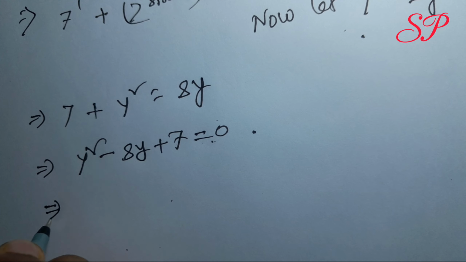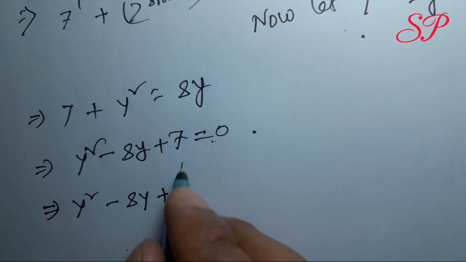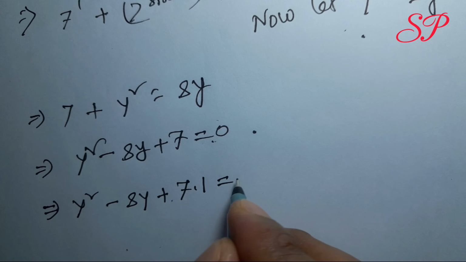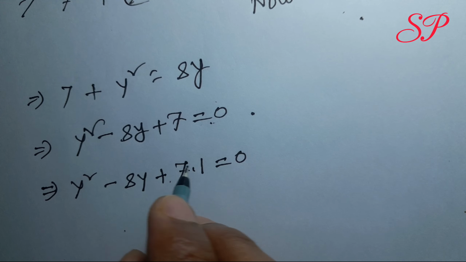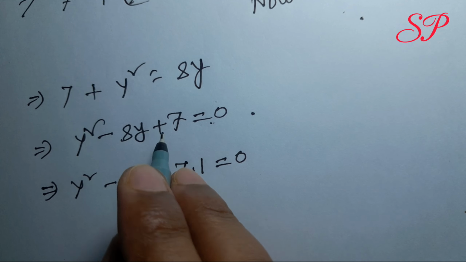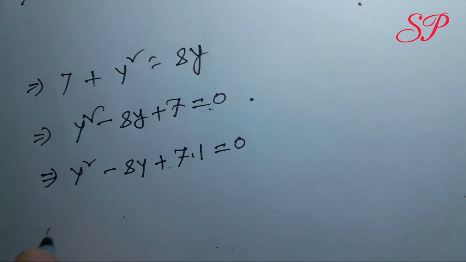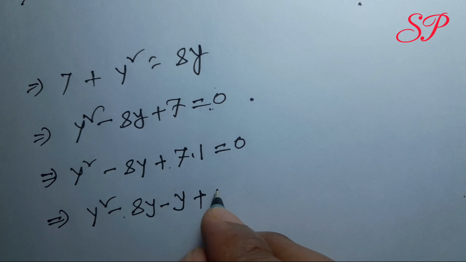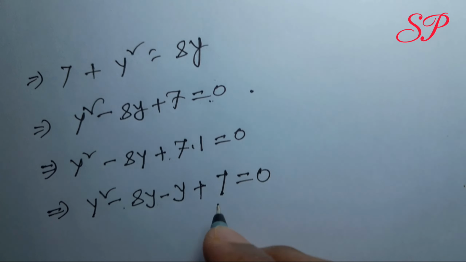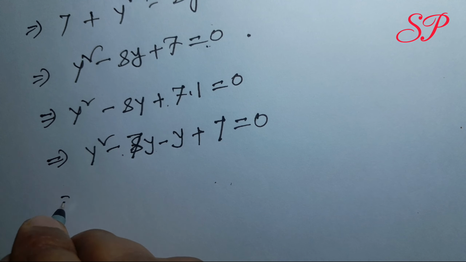We can write y square minus 8y plus 7 into 1 is equal to 0. The product of 7 and 1 is 7, and 7 plus 1 is equal to 8. So we can write y square minus 8y minus y plus 7 is equal to 0.